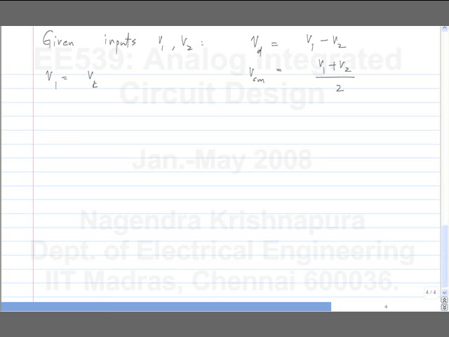V1 is the common mode voltage plus the differential voltage by 2. Okay. And V2 is the common mode voltage minus the differential voltage by 2. Essentially, you think of the two voltages as some increment above the common mode and some increment below the common mode. Okay.